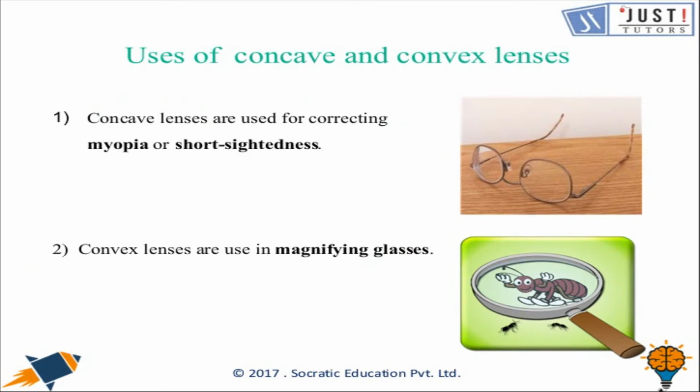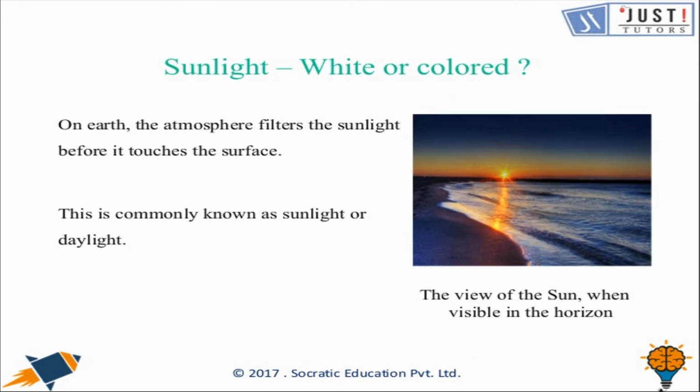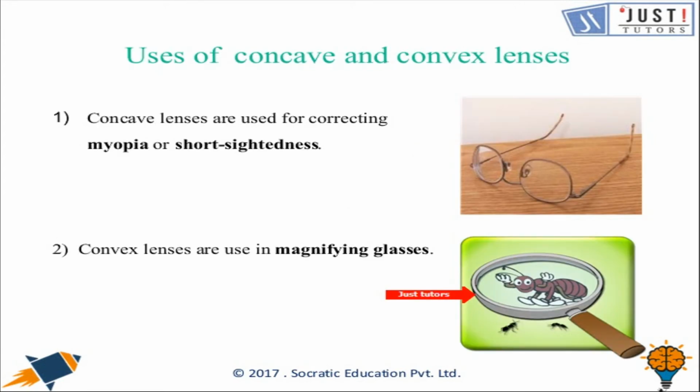Let's talk about the uses of lenses now. Lenses are basically used for correcting the eye. We use them when we have a defect in our eye. It can be myopia or short-sightedness. They're also used in magnifying glasses as well. Convex lenses are also used for correcting eyesight.